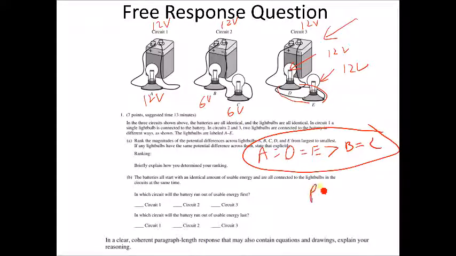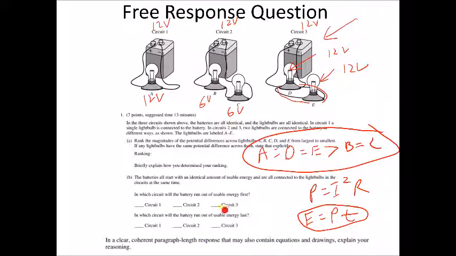Remember that power equals I squared times R. So the circuit with the most current is going to dissipate the most power. Also remember that energy is equal to power times time. So the circuit that dissipates the most power is also going to run out of energy the fastest.